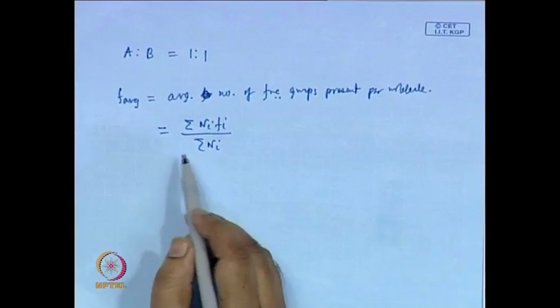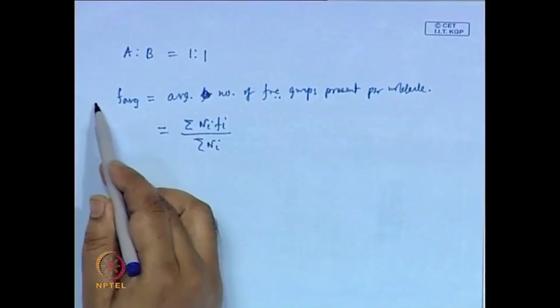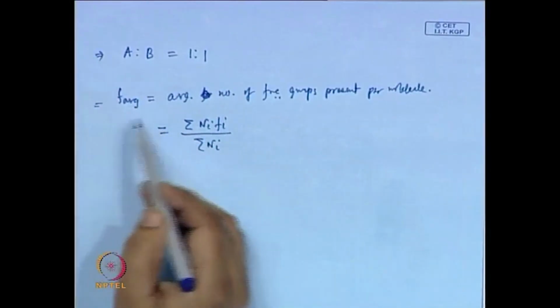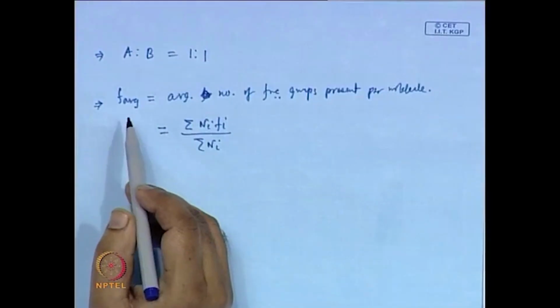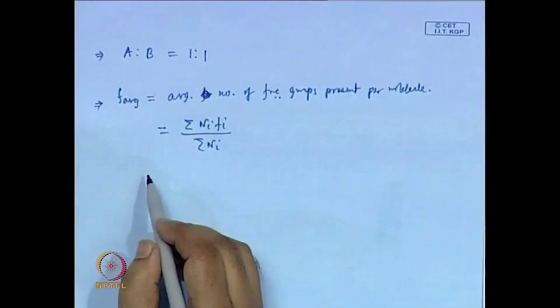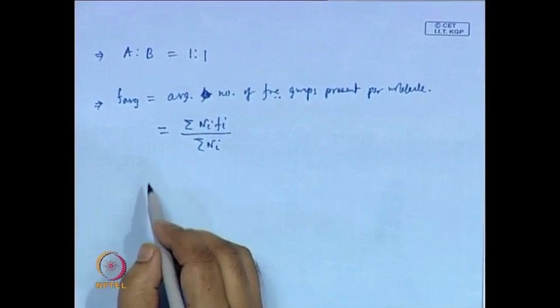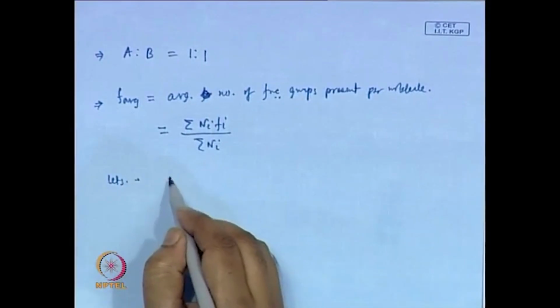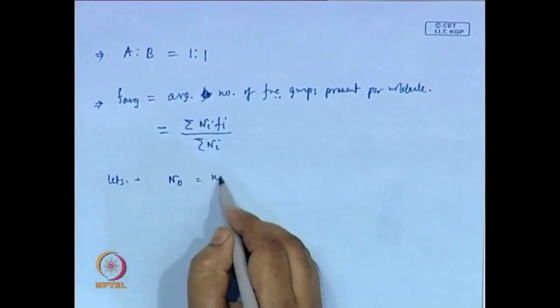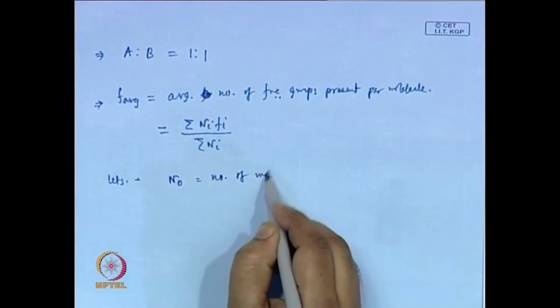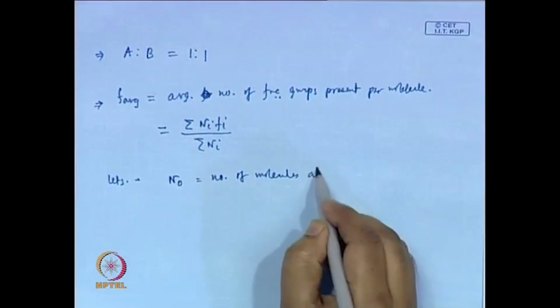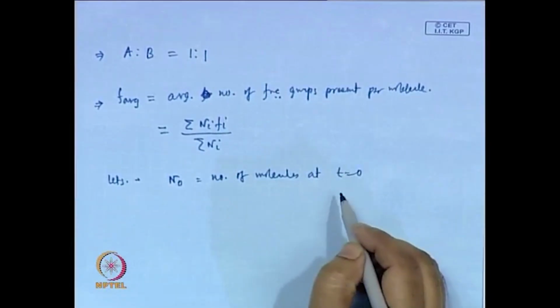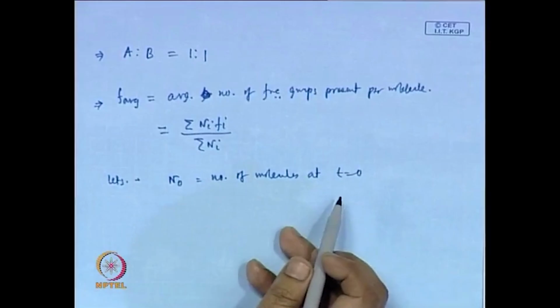Okay. So, that is what we are defining, and we are assuming for simplicity that this is the condition we are having. Now, let us consider that N0 is the number of molecules at t equal to 0. At the beginning we have N0 molecules.